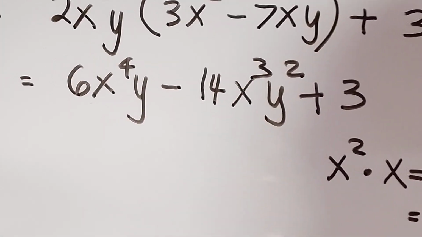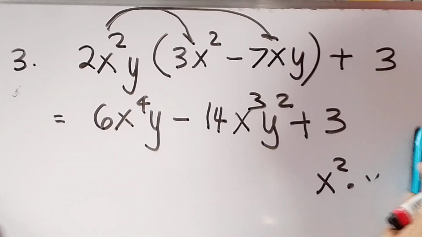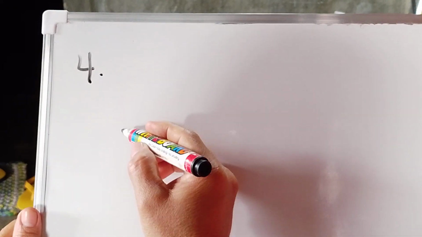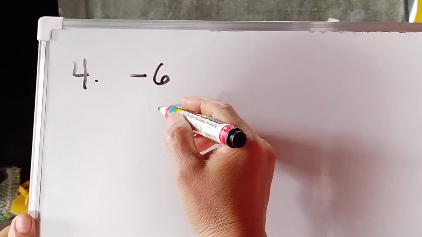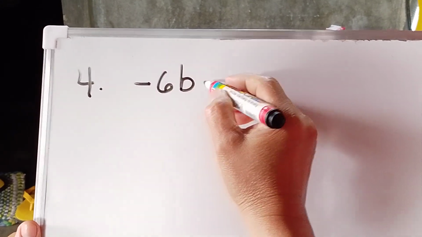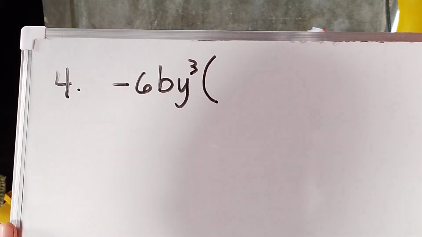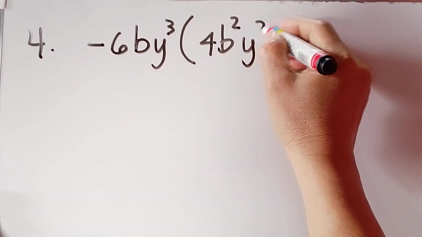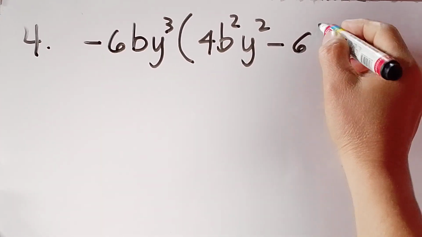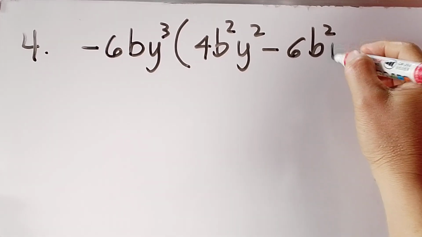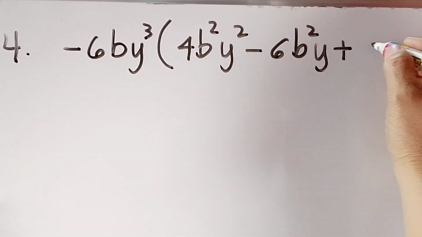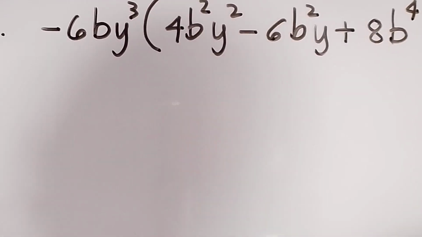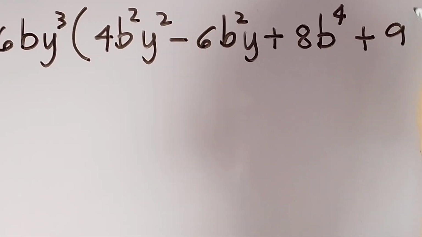So that's number 3. Now let's proceed to number 4. Negative 6by cubed times 4b squared y squared minus 6b squared y plus 8b to the 4th, and then plus the constant 9.